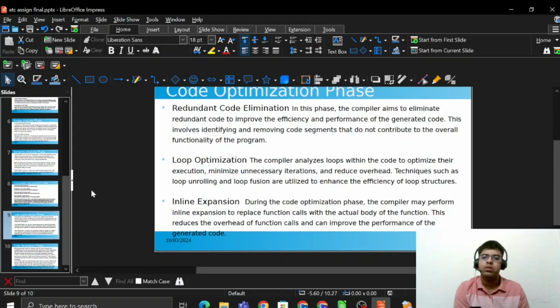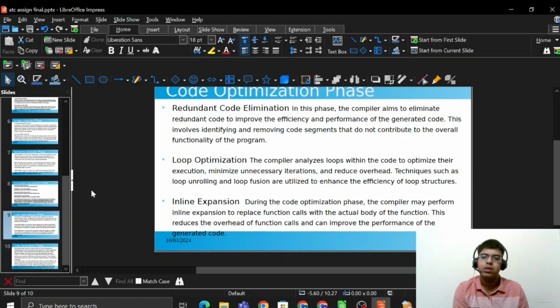Next one is loop optimization. The compiler analyzes loops within the code to optimize their execution, minimize unnecessary iterations, and reduce overhead as well. This is a technique which uses loop unrolling and loop fusion, which enhances the efficiency of looping structures.